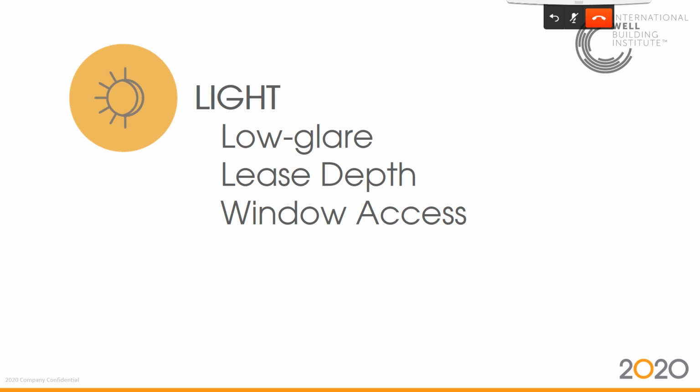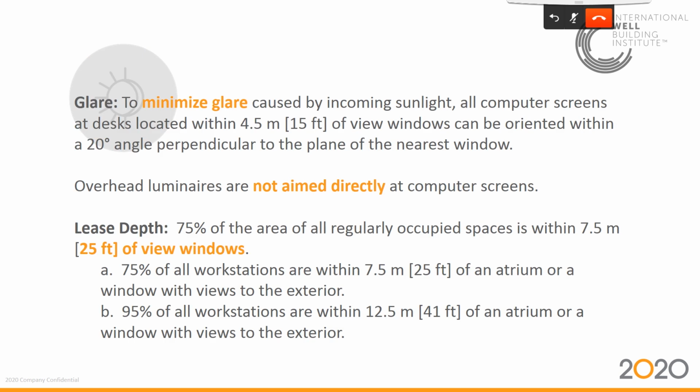There are certain guidelines or standards where this third-party certification looks at your space and determines: are you really maximizing the natural lighting in the space? How do you minimize the glare? How do you make sure the computer screens are not getting a lot of reflectivity? And how are we taking as much advantage of the windows as possible?